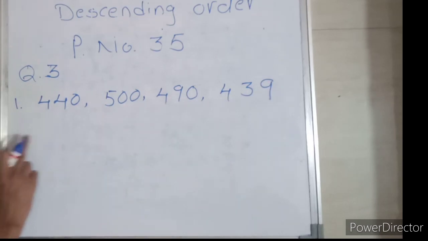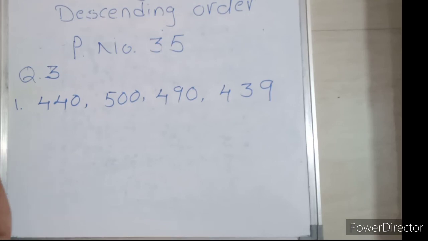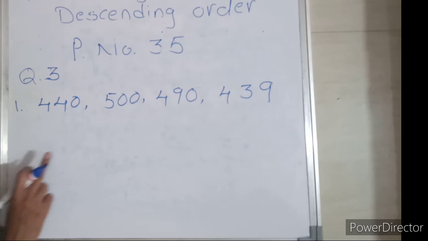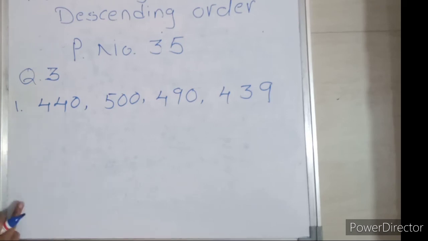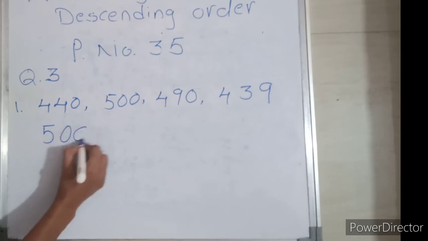We have to arrange these numbers in descending order. So for this we have to arrange from bigger to smaller. So which number is bigger? Now without telling also you can find out which number is bigger. Yes, 500 is a big number.